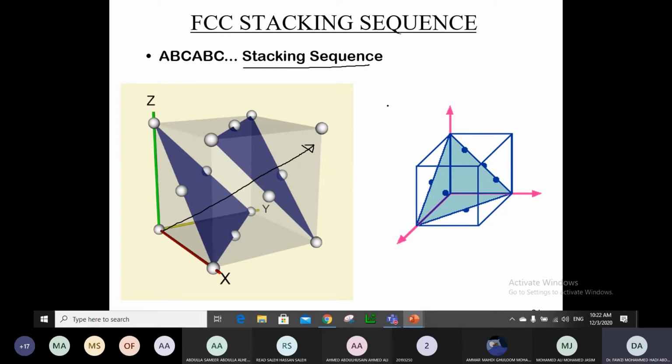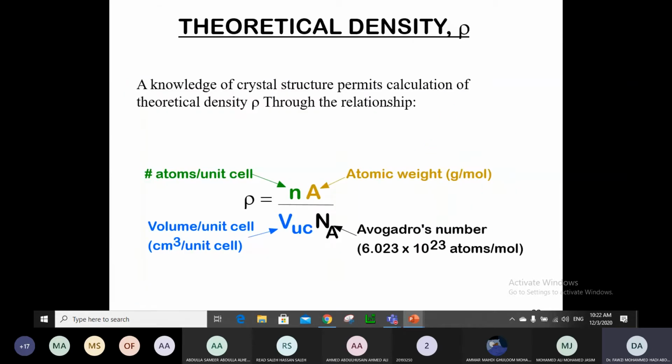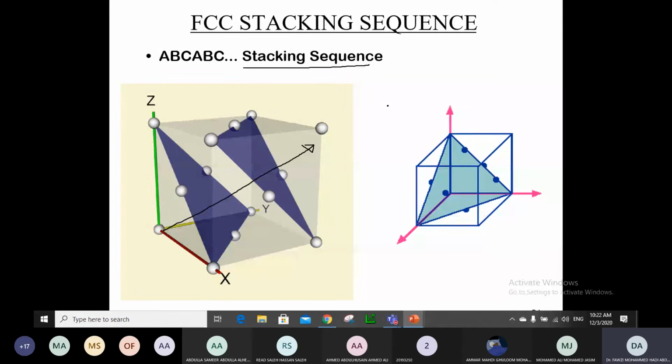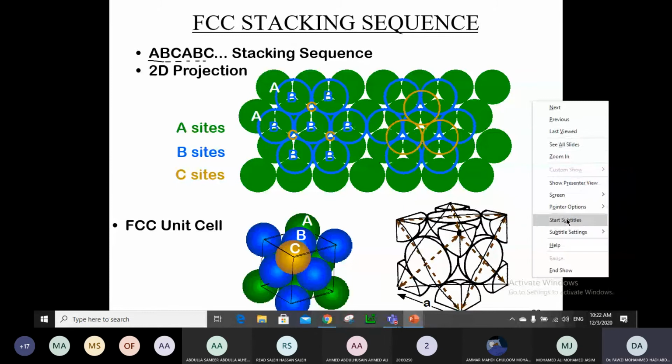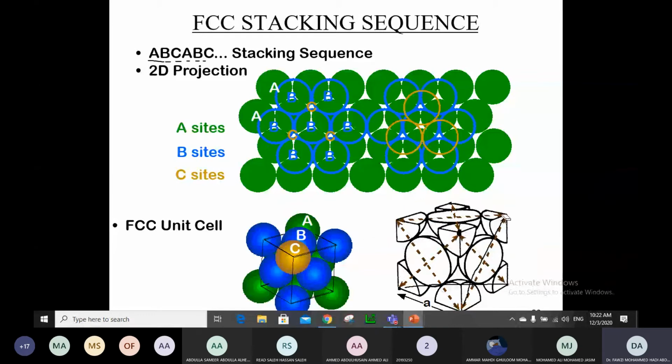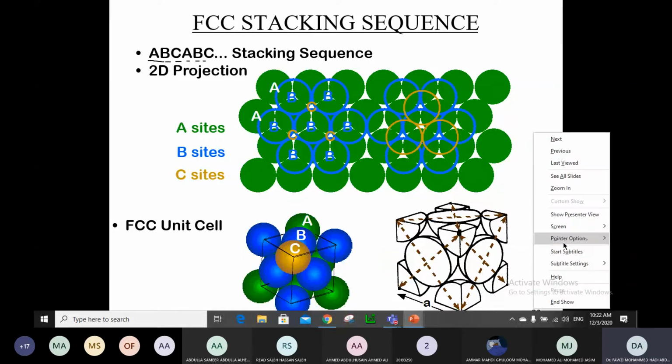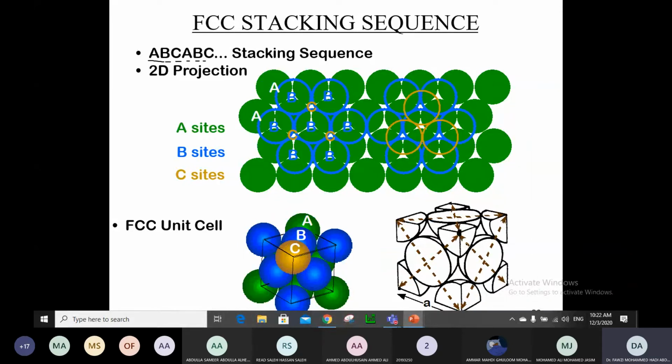hexagonal close-packed crystal structure. That's one big difference there. And another thing is the number of planes, which makes the number of close-packed directions here.